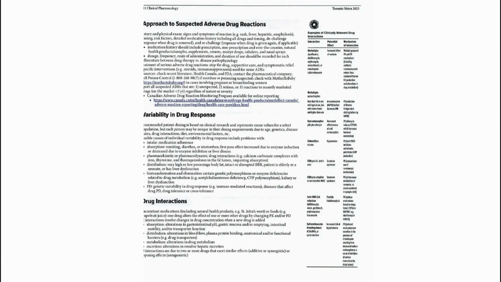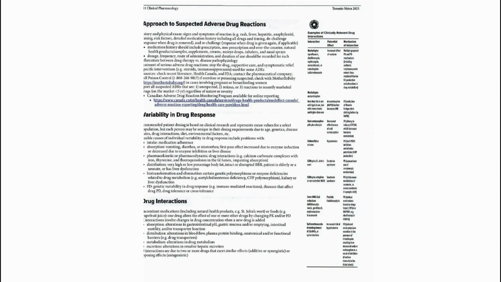Sildenafil plus nitrates. Both drugs increase cyclic GMP, producing profound vasodilation that can lead to severe hypotension. This combination is contraindicated. SSRIs plus St. John's wort.